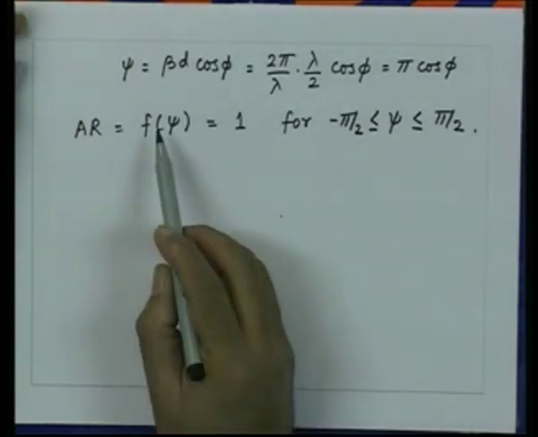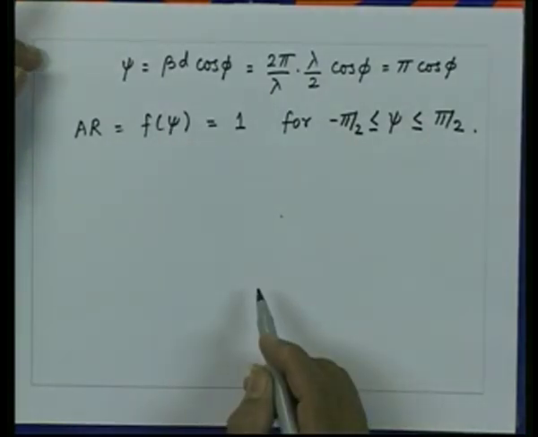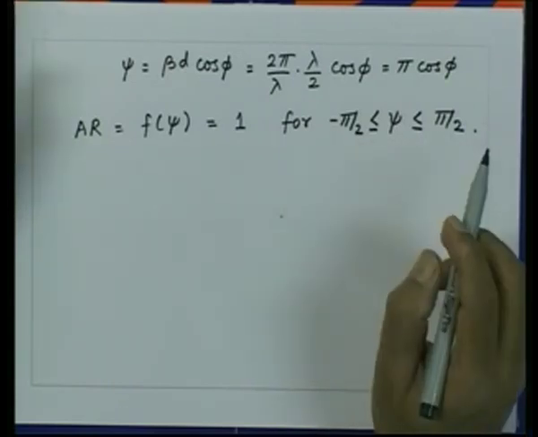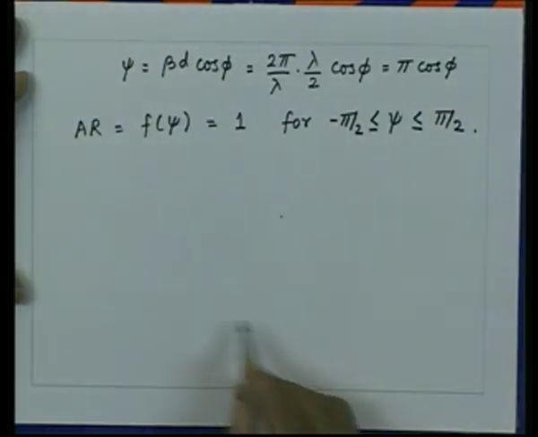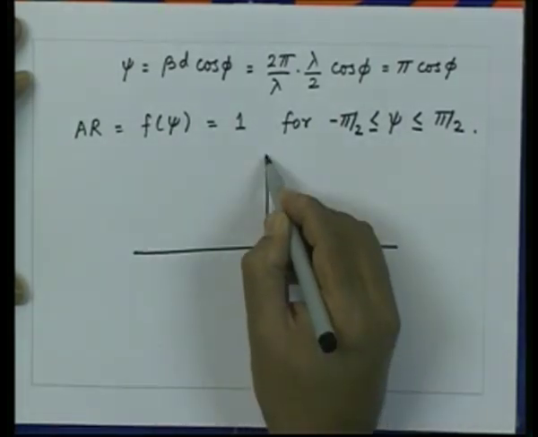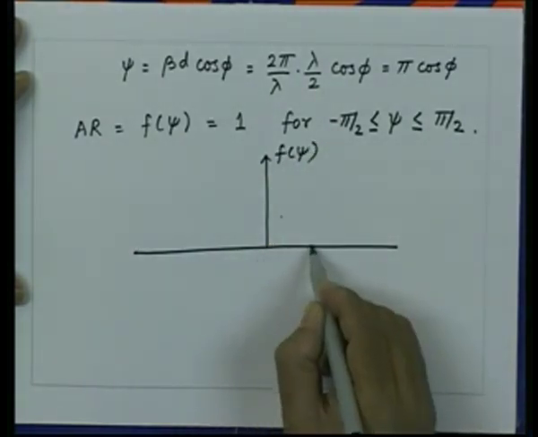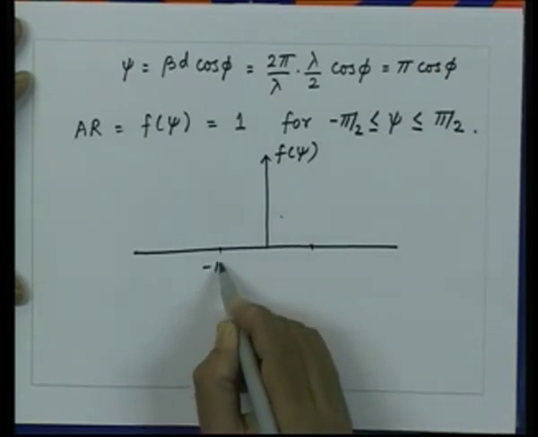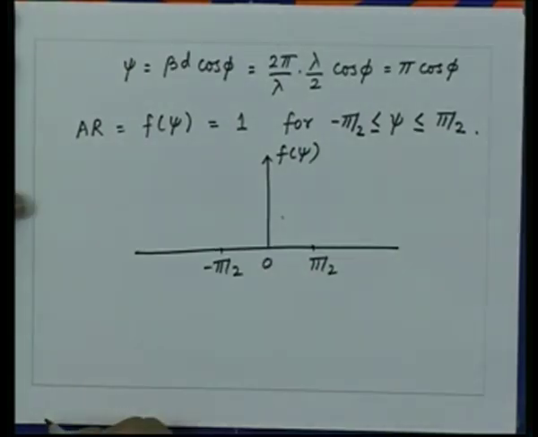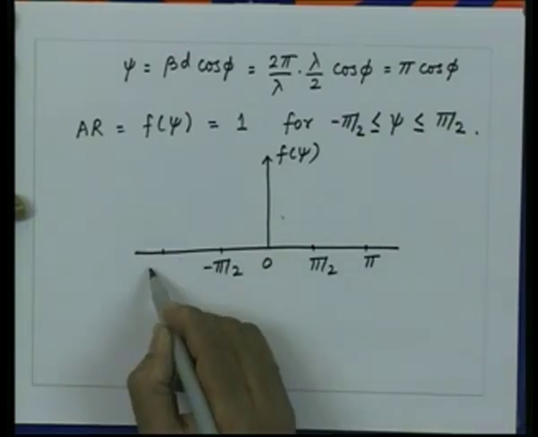So essentially now we are looking for a radiation pattern which is a function of psi, which is 1 over a range of minus pi by 2 to plus pi by 2 and is 0 elsewhere. So if I plot the radiation pattern in the psi domain, this is f of psi, this is pi by 2, plus minus pi by 2, 0, and this is pi, this is minus pi.